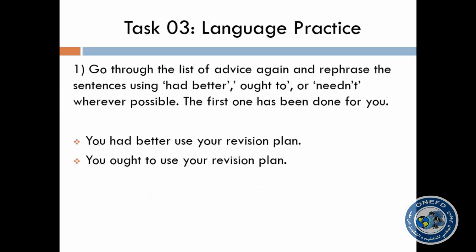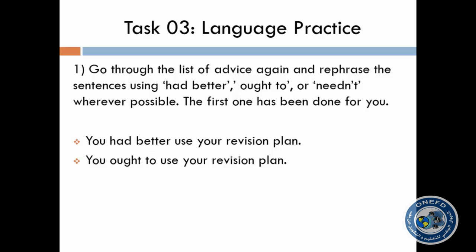So before we start, we have to practice the language points on the sentence level, then the paragraph level. So first question. Go through the list of advice again and rephrase the sentences using had better, ought to, or needn't wherever possible.